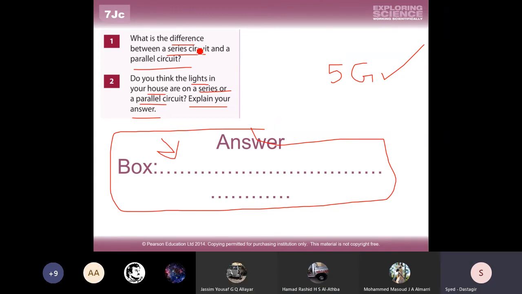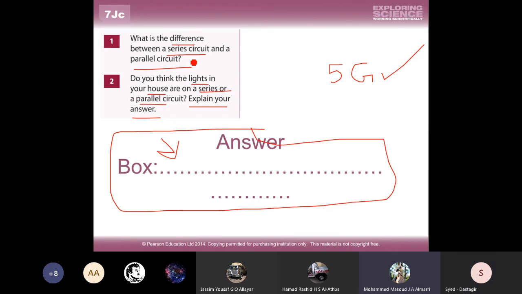What's the difference? Yes, sir. The difference between series circuit and parallel circuit. The series circuit does not have a switch, and it just contains a wire and batteries and bulbs.